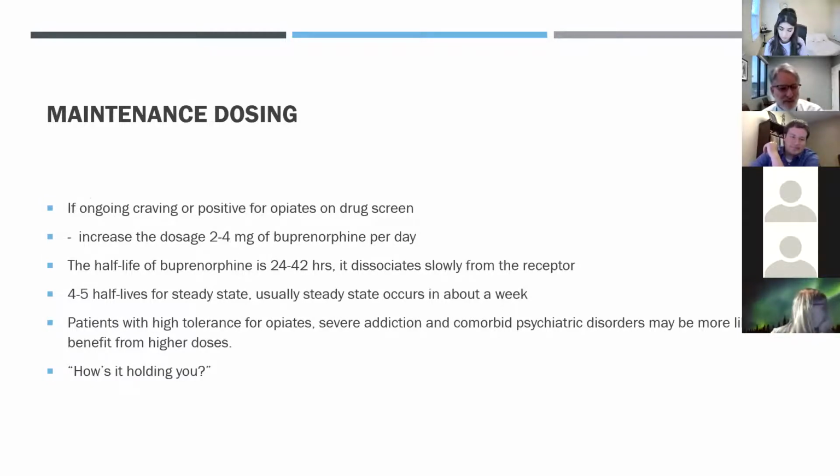All right, so what about maintenance dosing? If somebody has ongoing craving or positive screens for opiates on their drug screen, you need to escalate the dose, usually in increments of 2 to 4 milligrams of buprenorphine per day. And people get in trouble.